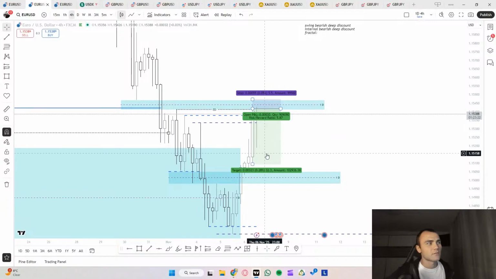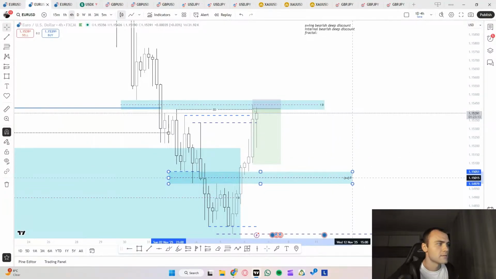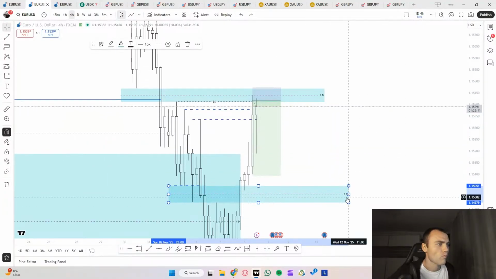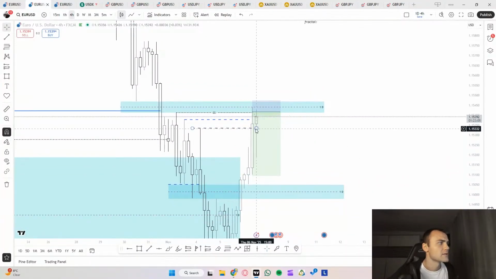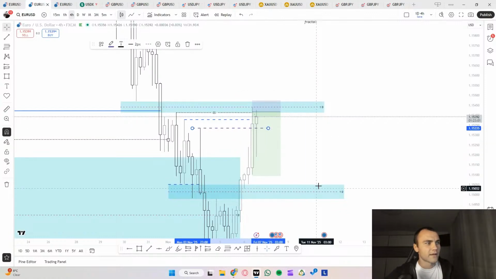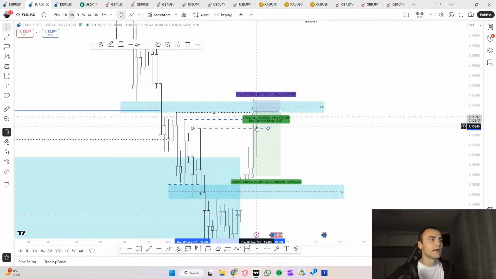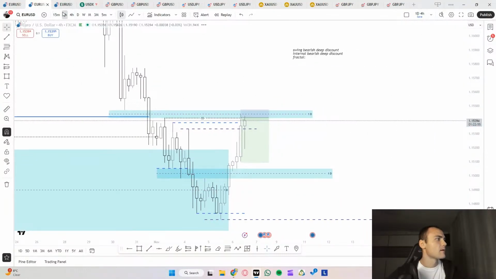The imbalance was tested, rejected, and it may also go into this order block. I think it's very important how this 4 hour candle is going to close, because if it closes below this level, it's very likely. If it doesn't, it's more likely to go to the upside.